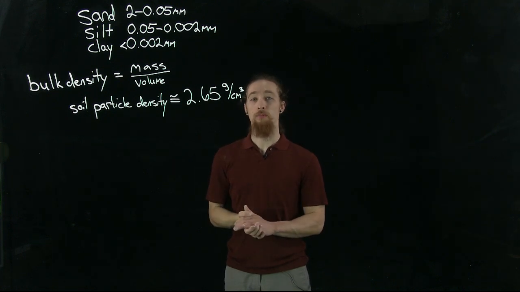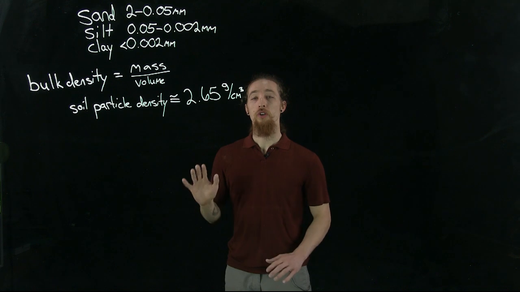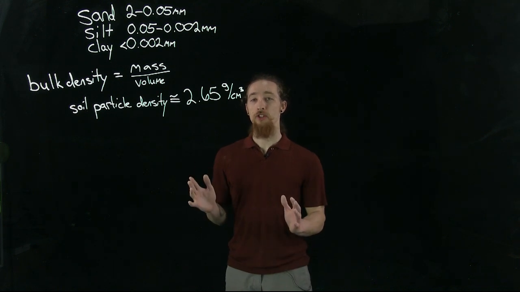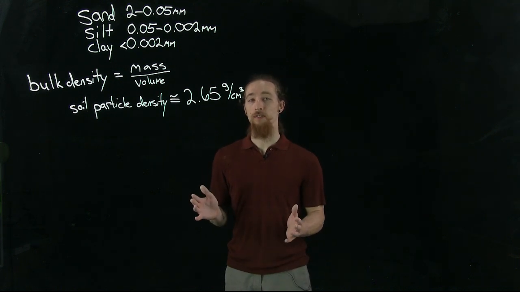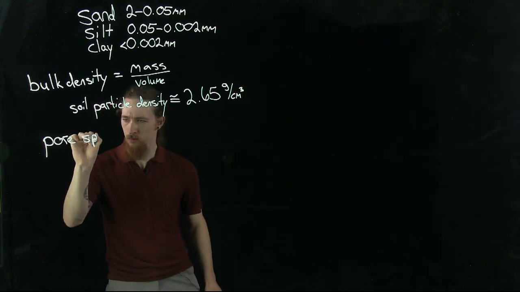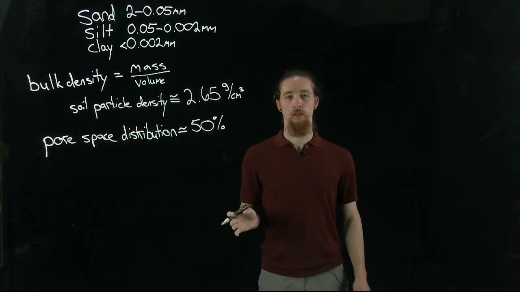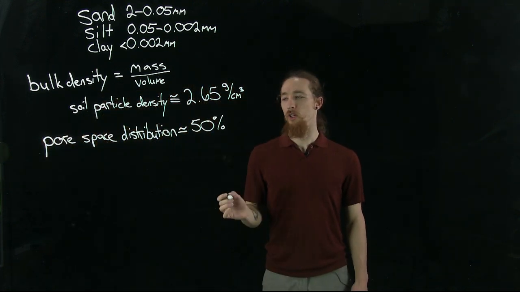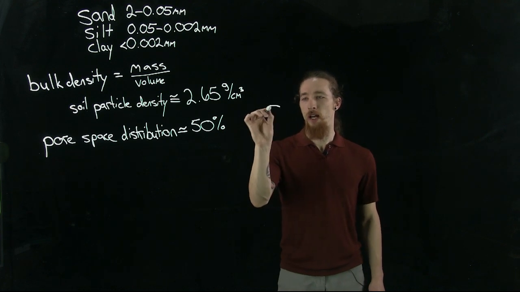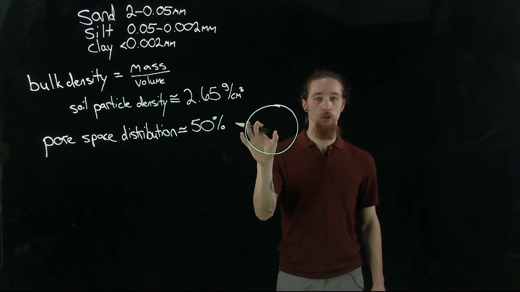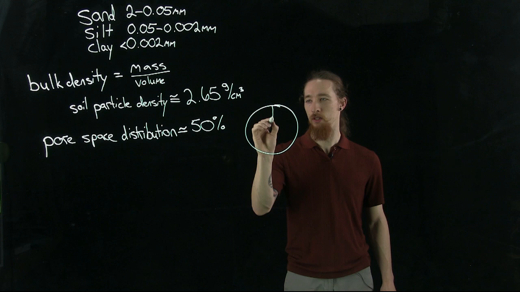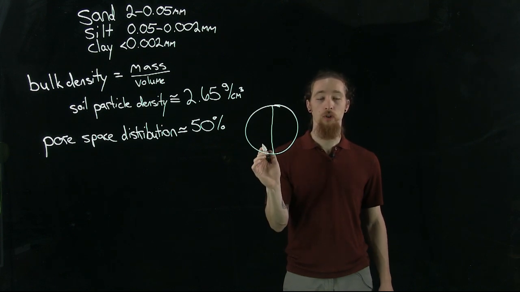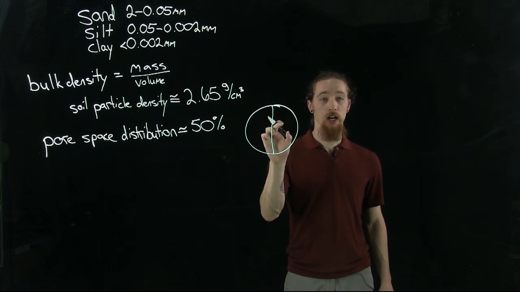And we call this pore space. Soil has a pore space distribution on average of 50%. What that looks like for a soil can be viewed as if this is all the soil that you've dug up, half of what you're holding is actually not soil.